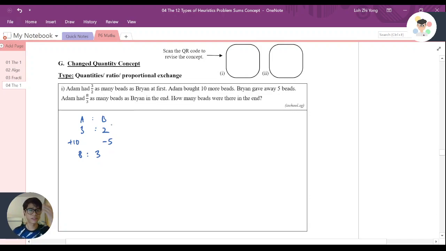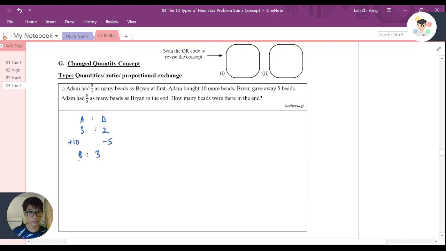So now when we look at this one, we know that this is similar to what we have been doing. However, the changes are not the same, or the finals are not the same. So what we can do for this concept is to make the final the same.